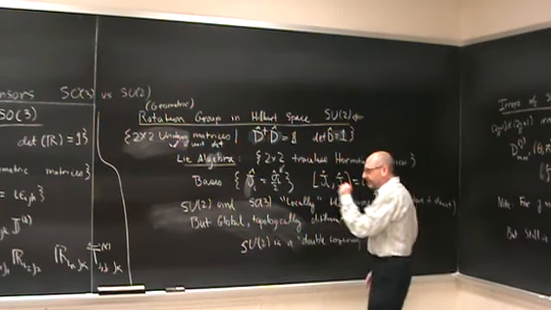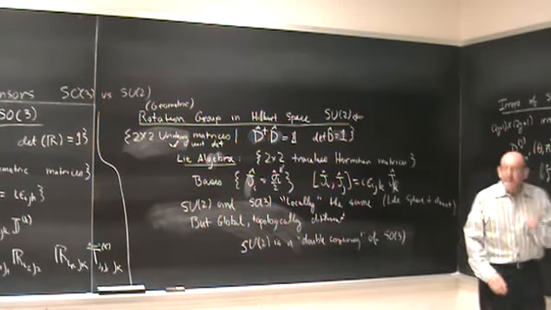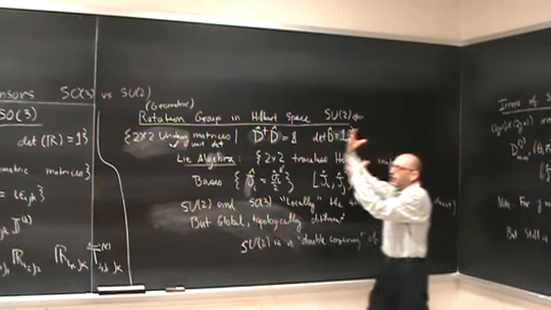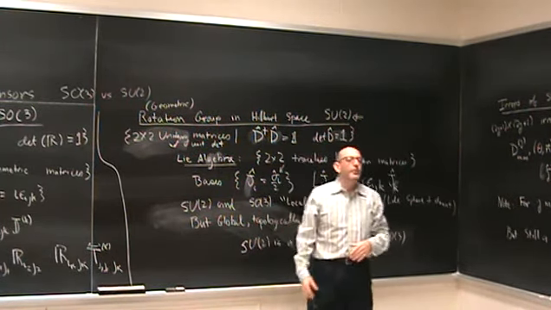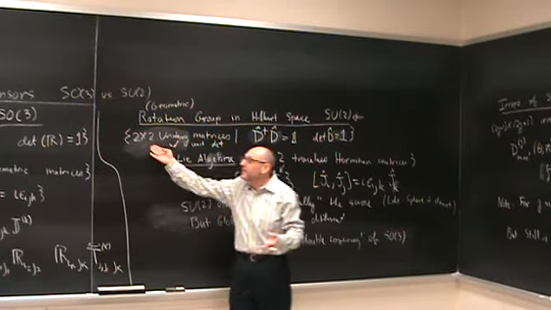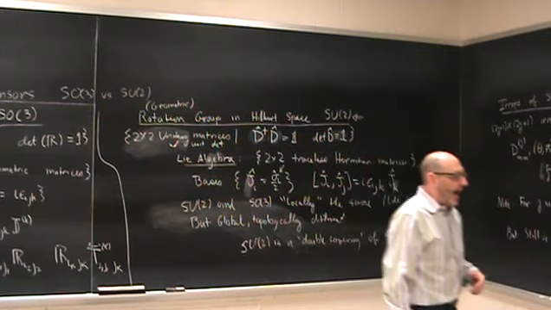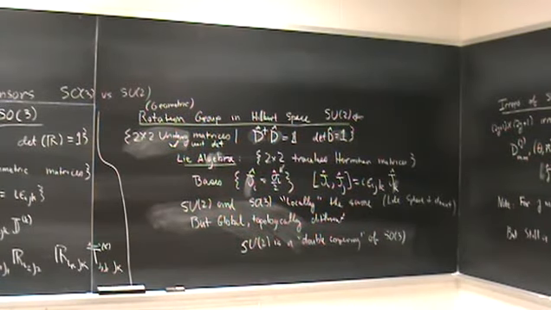Now, as we've discussed, there is a defining representation of these groups as a group of matrices of a certain dimension, 2 by 2 matrices or 3 by 3 matrices. But we can have different representations of the group in terms of matrices of different sizes.